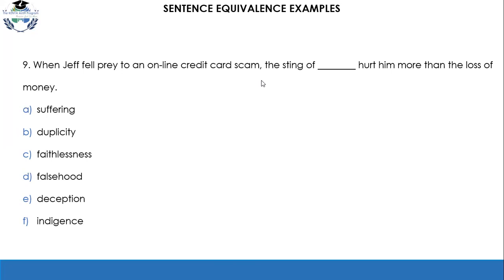So Margaret is saying the sting of being lied to, right? So whenever you're reading this question, let's look at it. When Jeff fell prey to an online credit card scam, the sting of something, right? The sting of whatever happened hurt him more than the loss of money. And then we are talking about falling prey to an online scam, right? So what does an online scam do to you?